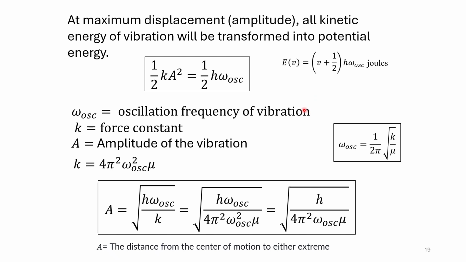So we can calculate the amplitude using the formula derived from the energy relationship. We rearrange this equation and obtain the amplitude: the square root of the Planck constant divided by 4 pi squared, the vibrational frequency multiplied by the reduced mass.